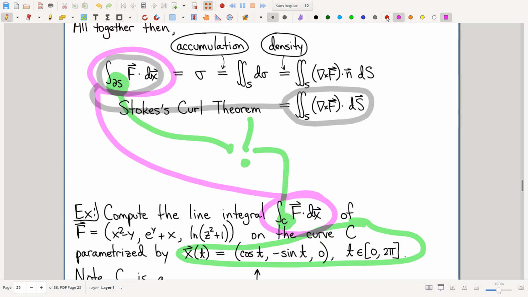But now, a little bit more bluntly, it's only if this curve is a boundary of a surface that I even have a surface over which to talk about a resulting flux integral. Just like with Green's theorem, this is not some fine, fussy, picky condition about regularity.